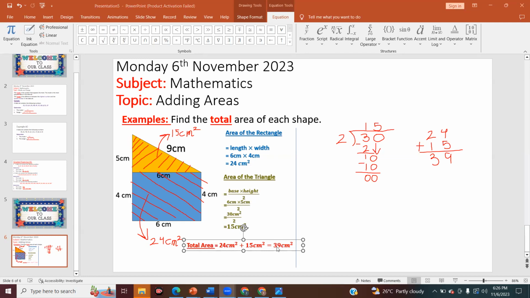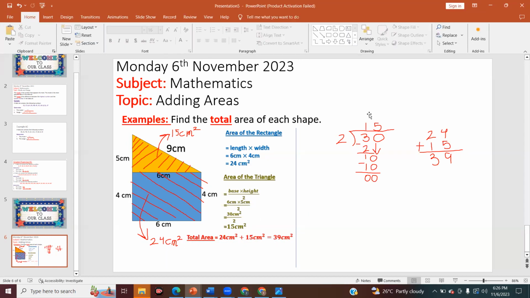Zara, do you understand how we got 39 centimeters squared? Yes, sir. All right, how about you, Belon? Yes, sir. Good. Tyrone, do you understand how we got 39 centimeters squared? Yes, sir. Okay, and Waterfall?